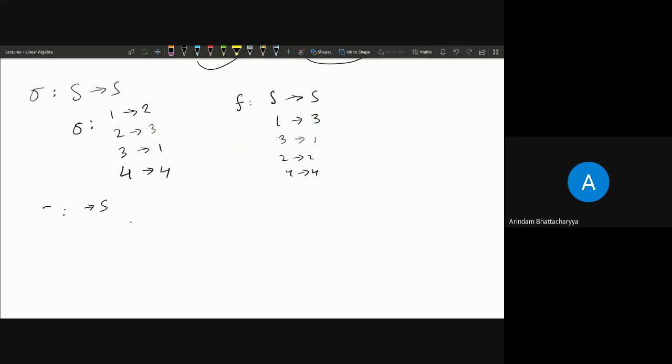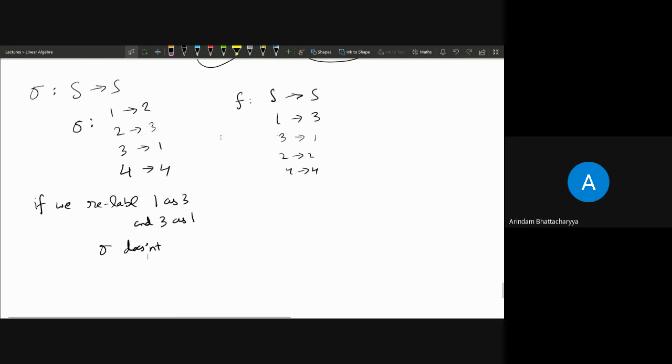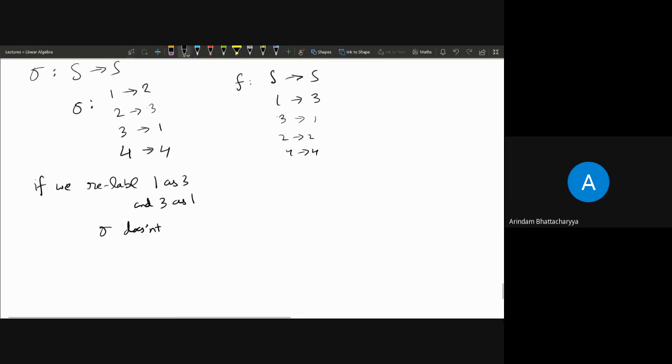The thing is, if we relabel 1 as 3 and 3 as 1, sigma does not, how to explain this?